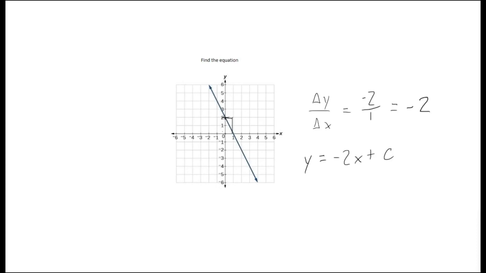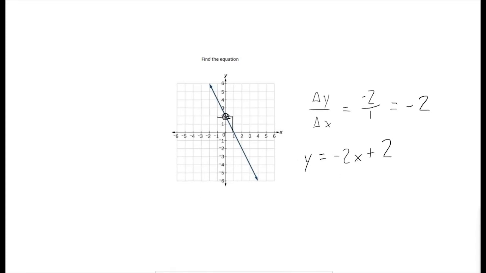And so here at x equals 0, y equals 2, this 2 is going to be our y-intercept, and so this c will be 2. We can double check. If x is equal to 0, y is equal to minus 2 times 0, which is 0, plus 2. So y, when x is equal to 0, is equal to 2.